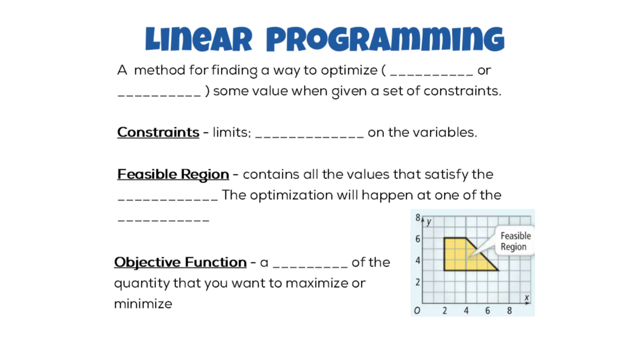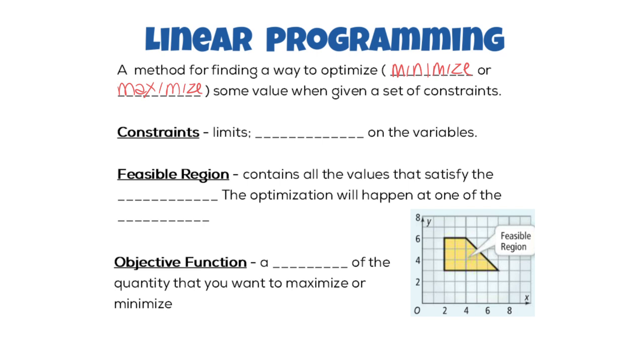And when we say optimize, I mean that we either want to minimize or maximize some sort of a value when I give you some constraints. So I would want to minimize cost, or maximize my profit, I guess would be an easy one. All right, so trying to optimize.